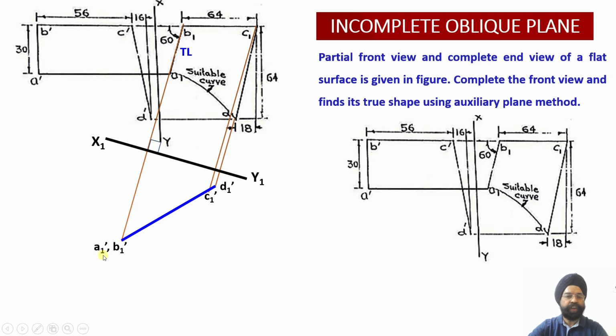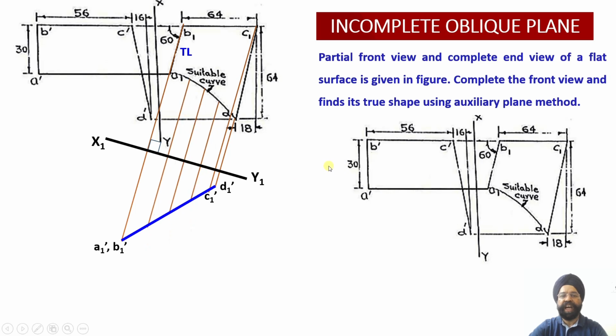Once I obtain all these 4 points, A1 dash, B1 dash, C1 dash and D1 dash, I am going to join them with a straight line and we'll find that all these points lie on the same line. One thing we need to remember: whatever the number of points, there may be 10 points, there may be 100 points in the elevation, all those points will fall on this vertical line.